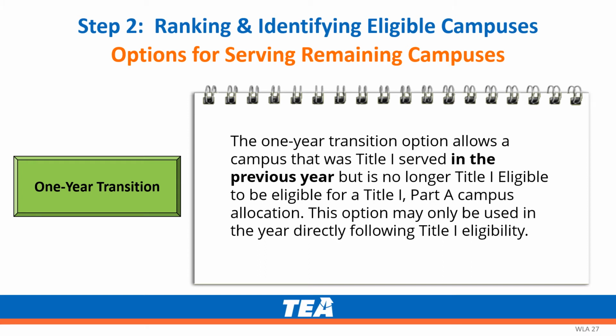This provision applies to a newly ineligible school and not to an eligible school that has fallen in the poverty ranking compared to the previous year's ranking and does not receive a Title I allocation from its LEA because the LEA allocates its Title I funds to other eligible campuses with higher poverty percentages.